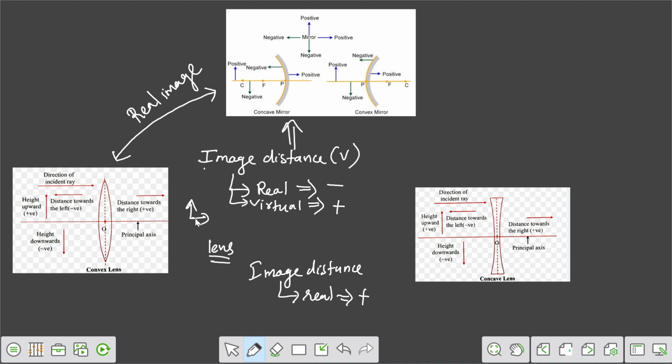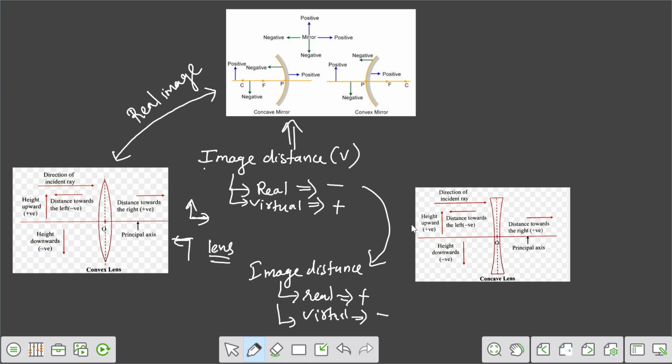Remember L. What about virtual image? Which side will you get virtual? You will get left. So inverted L. Left side is negative. Now you compare both. It is just opposite, correct? Here real is minus. Here real is plus. Here virtual is plus. Here virtual is minus.